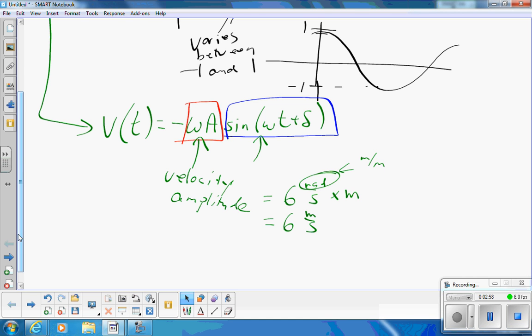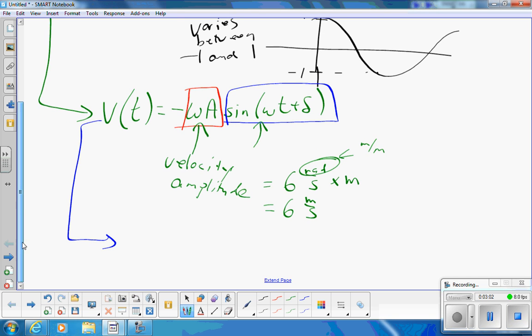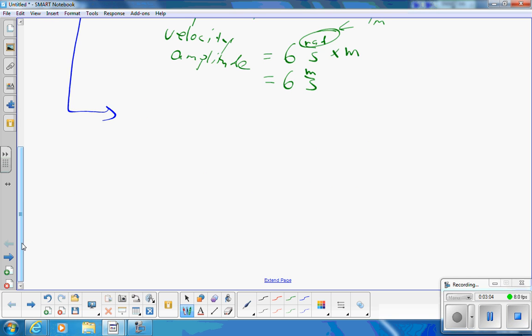Likewise, if you differentiate this with respect to time and get the acceleration as a function of time, you of course get -omega squared A times cosine, all that stuff.